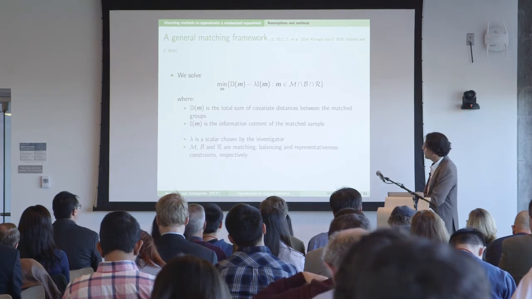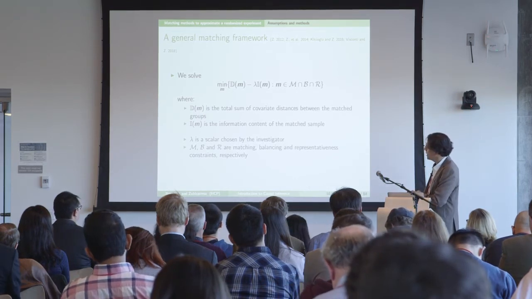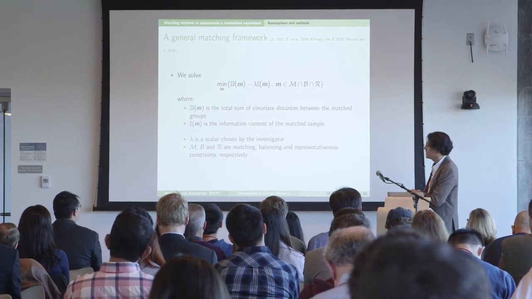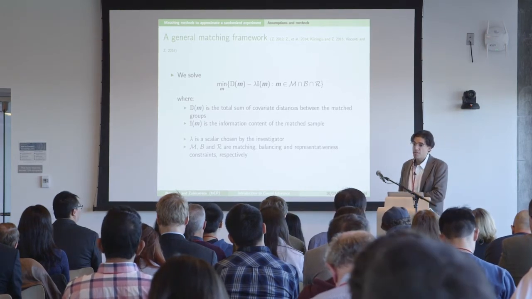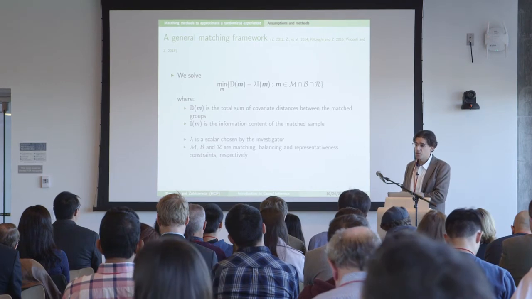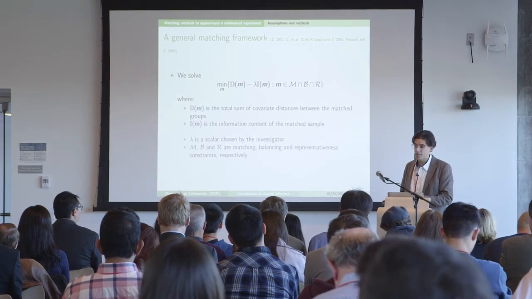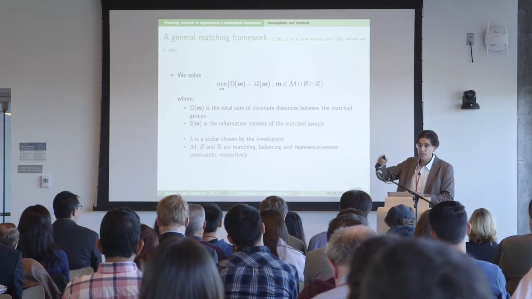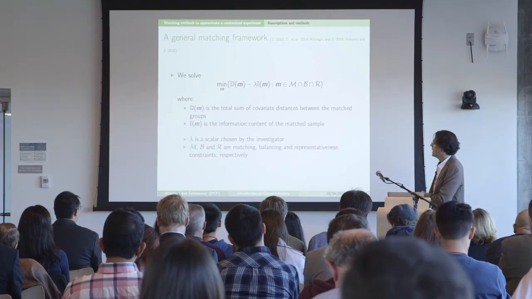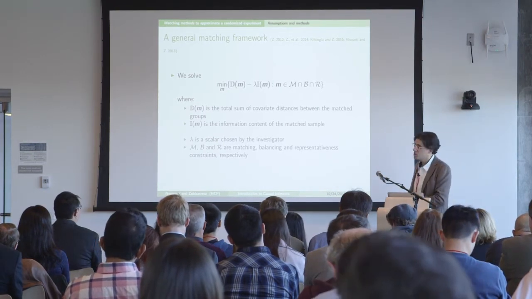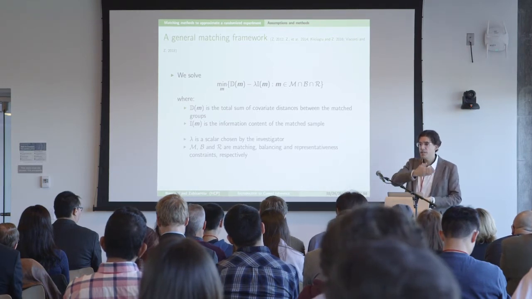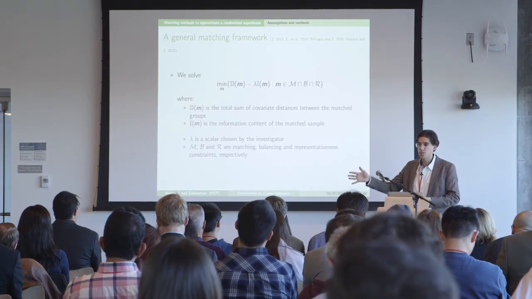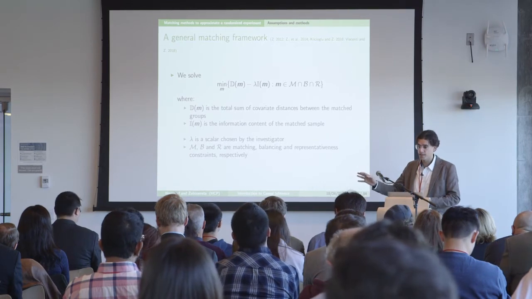All right? And we're going to do this subject to matching constraints, balancing constraints, and representativeness constraints. The matching constraints are going to enforce a matching structure, like, for example, forming pairs or one-to-many matches, if I want to match with a variable ratio. The balancing constraints are going to balance almost anything that we want, ranging from mean balance to balancing the joint distributions if the data allows us to do that.